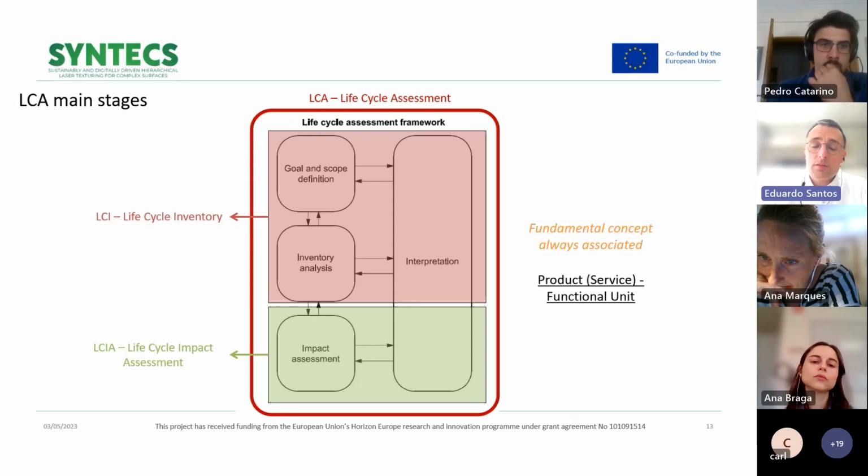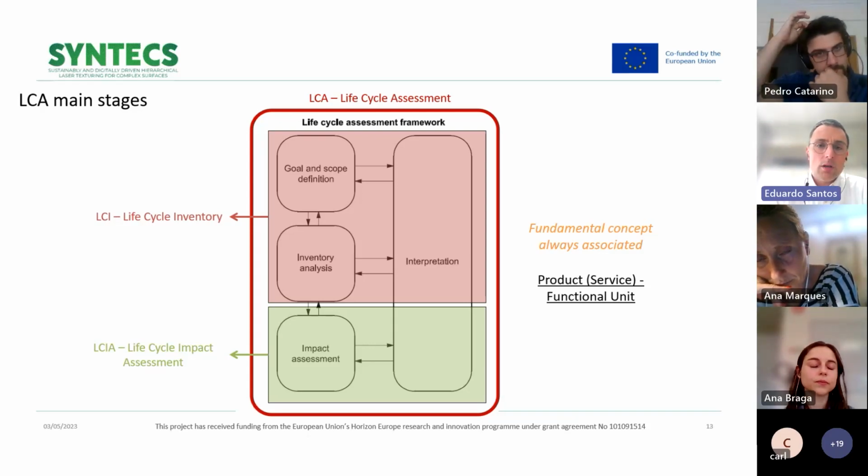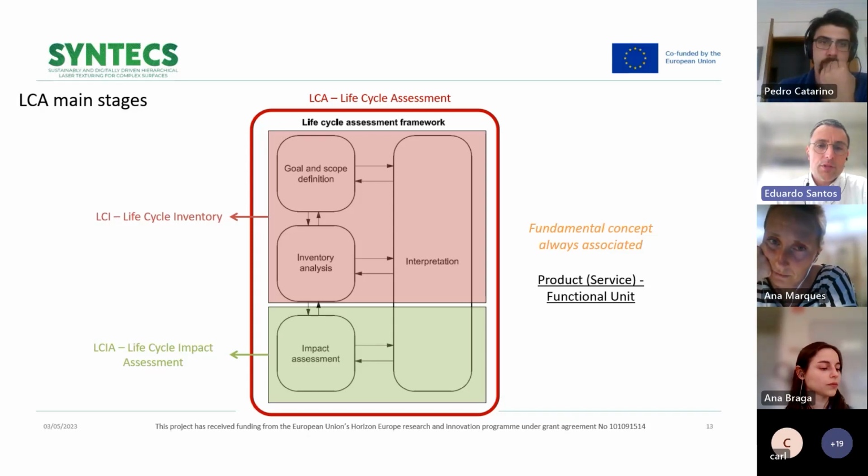After that first stage, you will go to the second stage, which is the inventory analysis, and one of the most significant and heaviest in terms of work to develop is the inventory. So you have to build up and collect the data that will then be used to calculate the environmental impacts. And then with that data, you can calculate the impact assessment using environmental impact factors that convert the inventory data into the impact assessment.